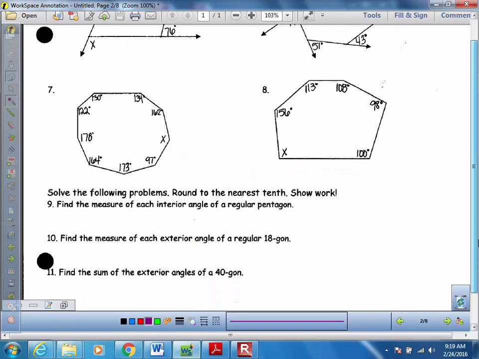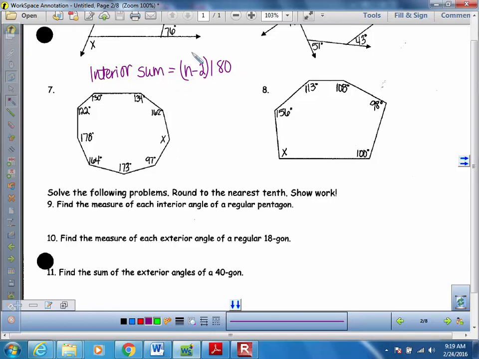Now, in number 7, we're looking at the interior angles this time. The sum of the interior angles formula, which you'll be given on your reference sheet, is n minus 2 times 180.